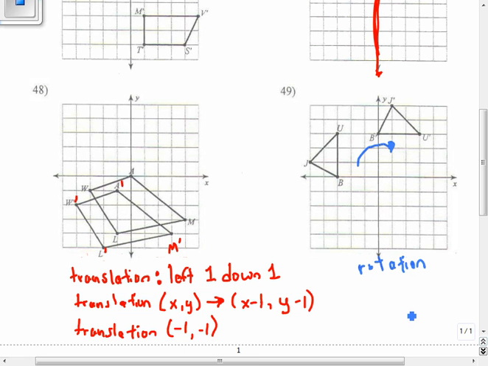So one quadrant is how many degrees? 90 degrees. Okay, did we go clockwise or counterclockwise? Clockwise. About what? The origin. We went 90 degrees clockwise about the origin.